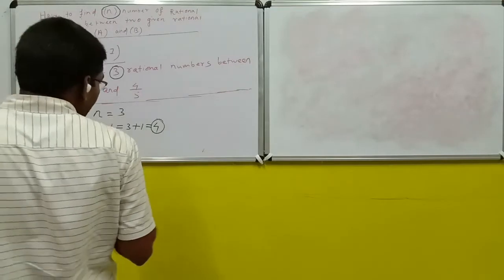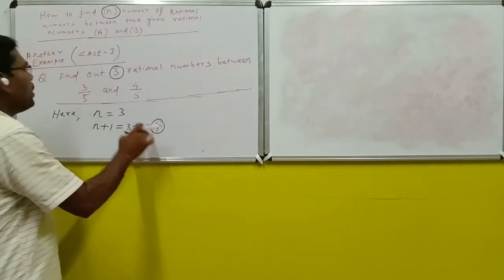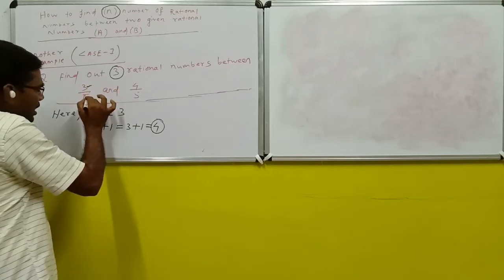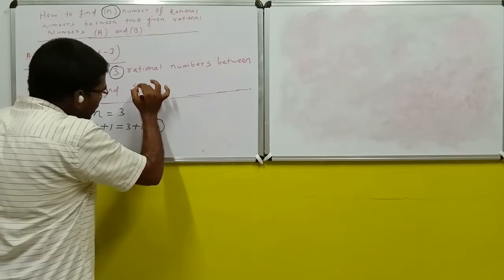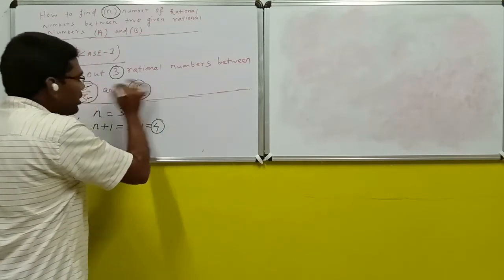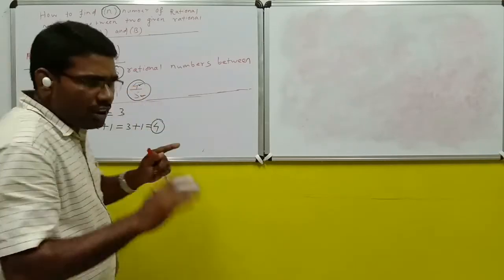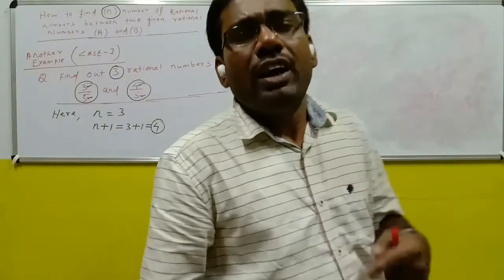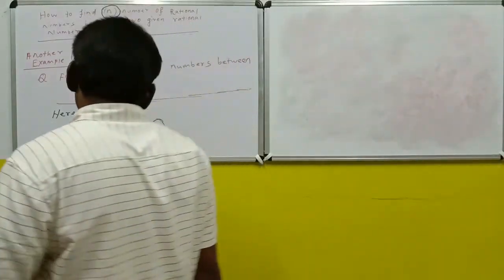So the rule is that you have to multiply n plus 1, that is 4, by the numerator and denominator of this rational number, and also of this rational number, in order to change these two rational numbers into their respective equivalent rational numbers. So it is your first duty.